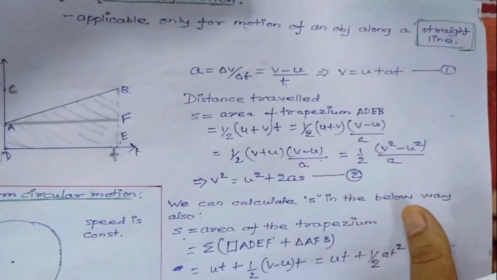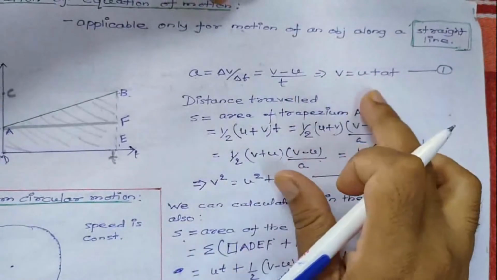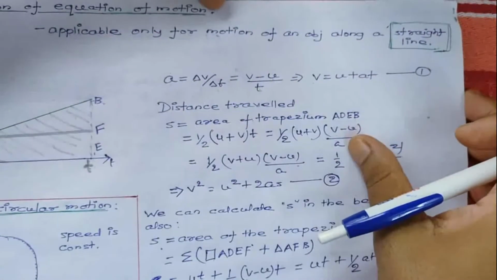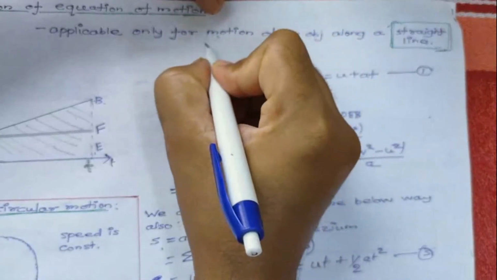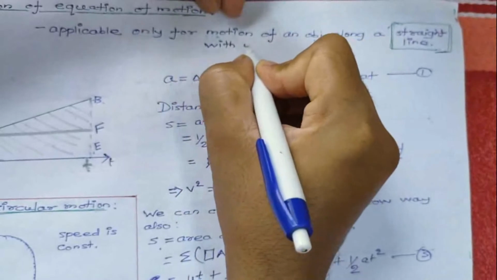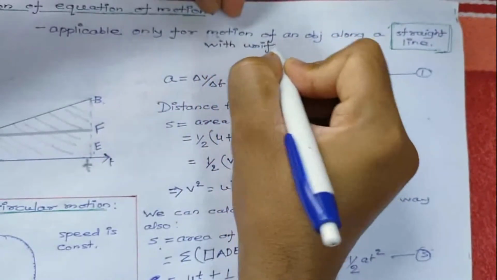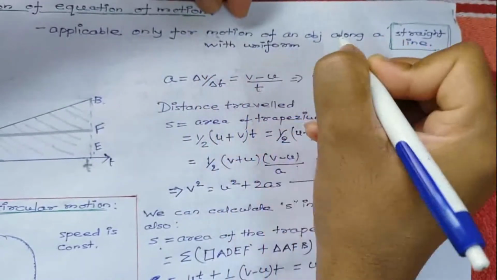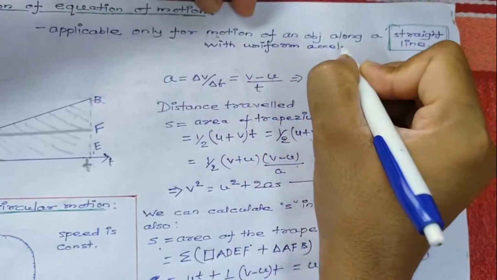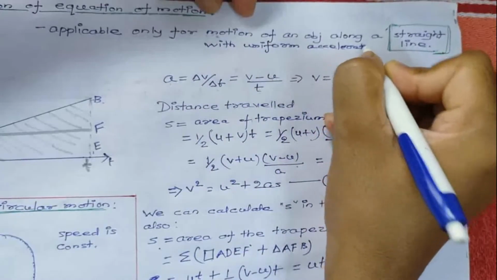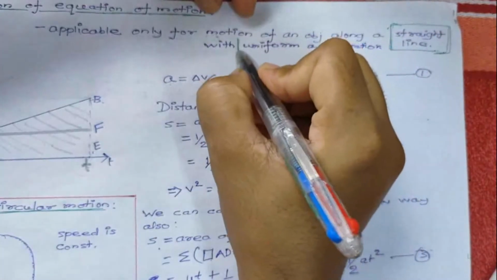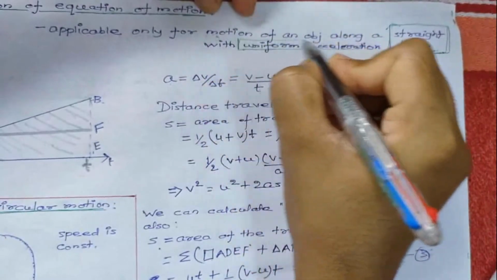So we have derived all the three equations which are applicable for motion of an object along a straight line with uniform acceleration. Let me write this for you. This is again a keyword, with uniform acceleration. Fine. This is a keyword. There are two keywords.